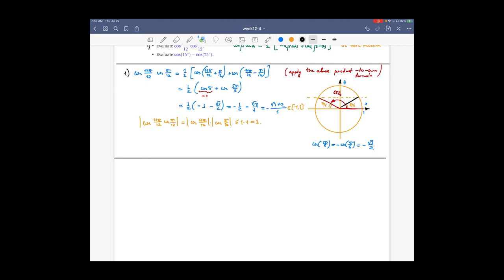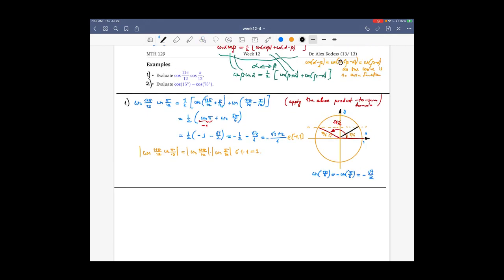And in the second problem, when we need to evaluate cosine of 15 degrees minus cosine of 75 degrees, we could in principle use our computations from before, where we once computed cosine of 15 degrees and cosine of 75 degrees, but it's actually easier.